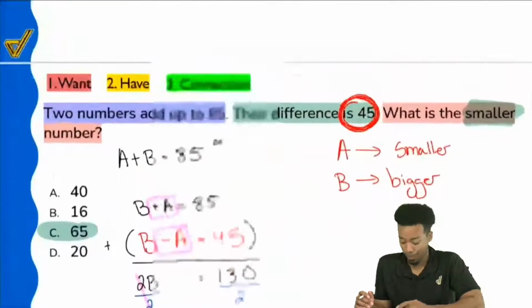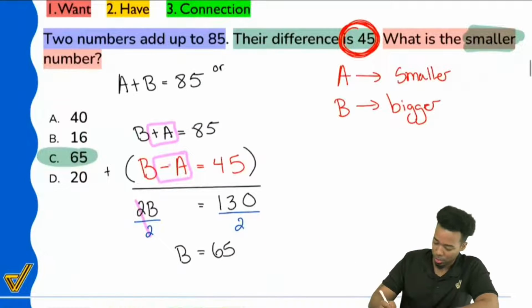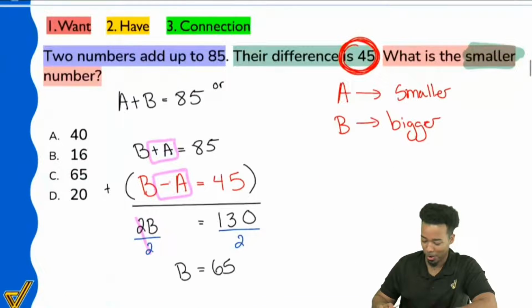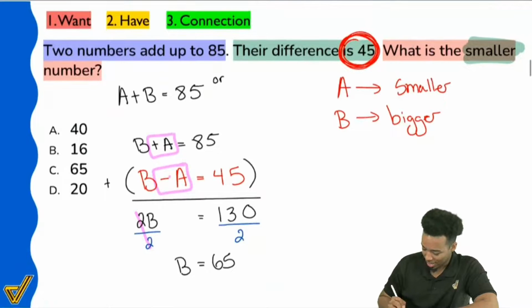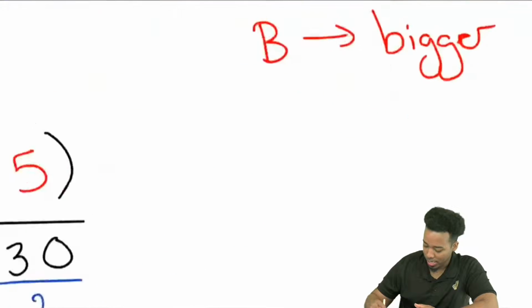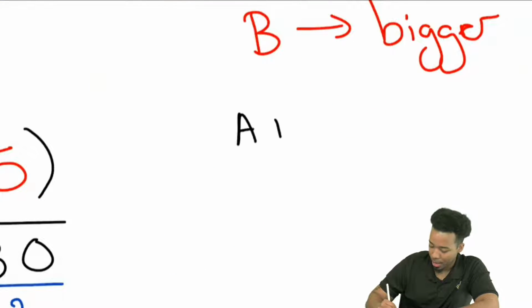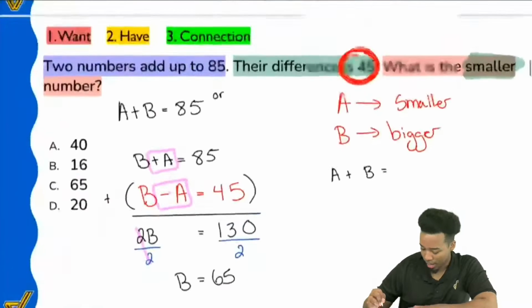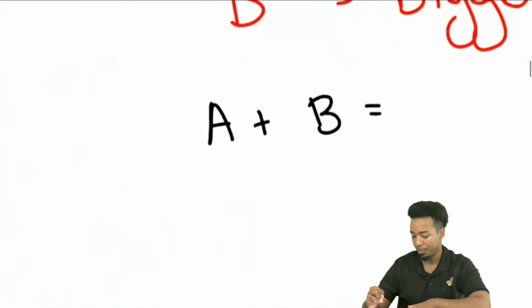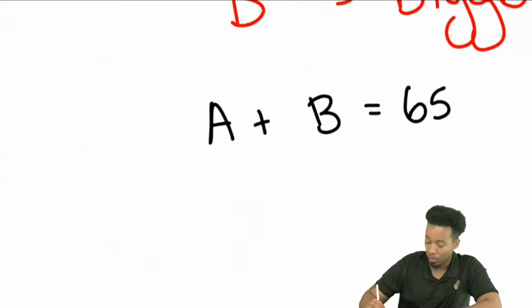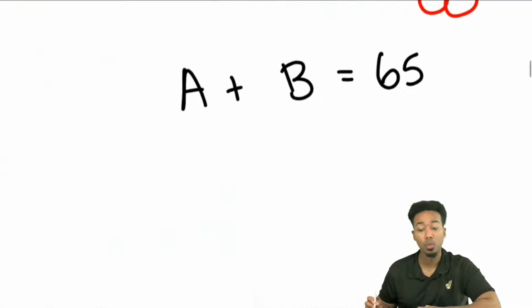Here's what I mean. We can take any of these equations, and let me make sure that nobody's taking a picture of the wrong answer. Remember, we said that these numbers added together, a plus b, equals what? 85. Okay, cool. All you got to do is plug in what you have. We have b.